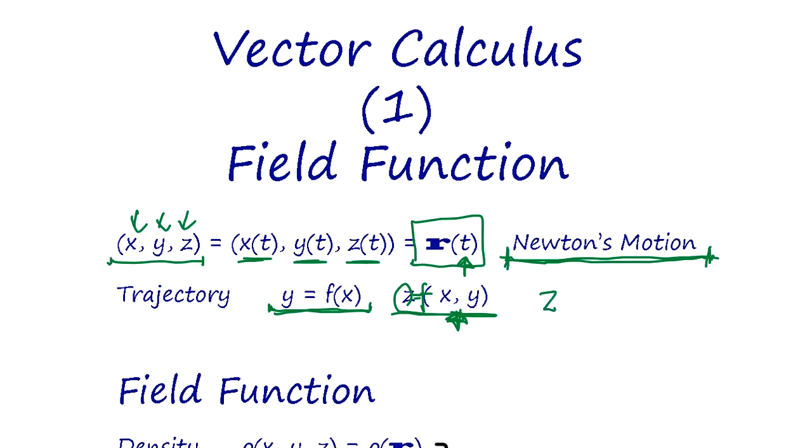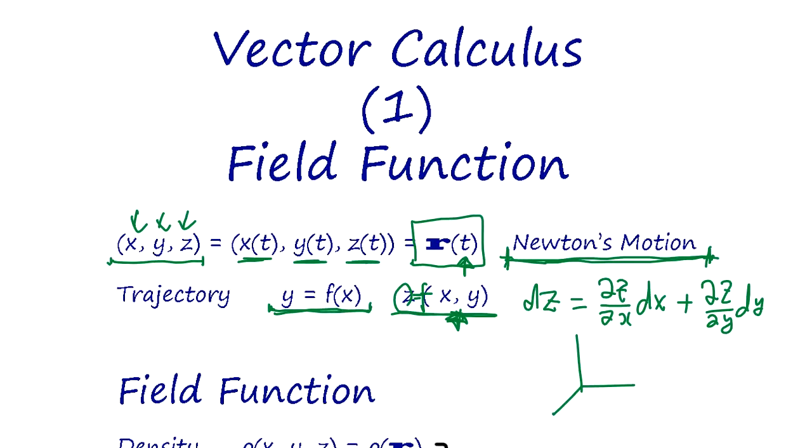If you want to know how much the height of the location changes, you take the partial derivative with respect to x, dx, and the partial derivative with respect to y, dy. Suppose you have x, y, z, and you have a curve. This shows a trajectory.